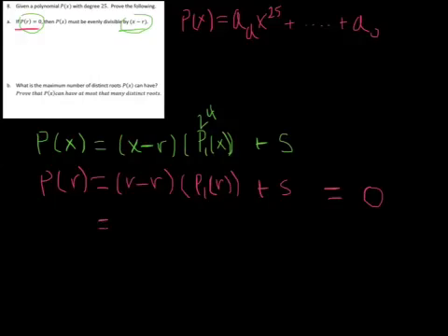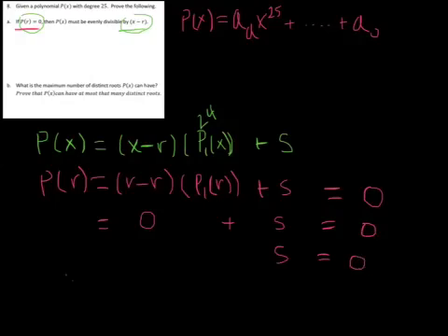Well, what do we get? This is 0. 0 times anything is 0. So I have 0 plus s is equivalent to 0. Therefore, we've shown that s must be 0. And so the remainder has to be 0.